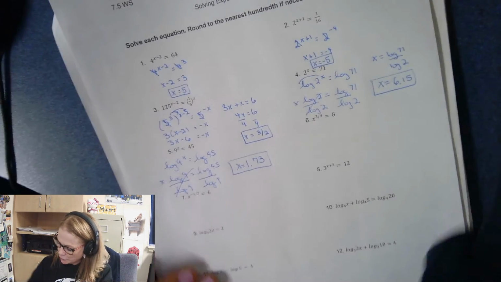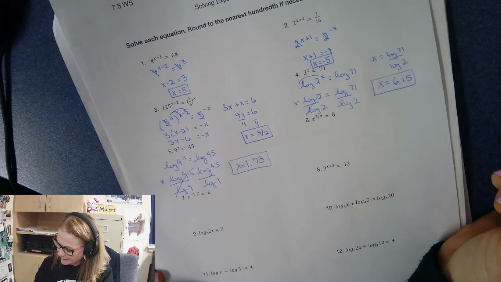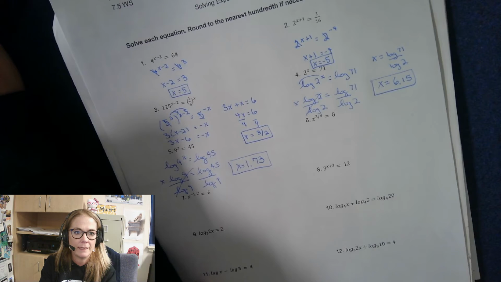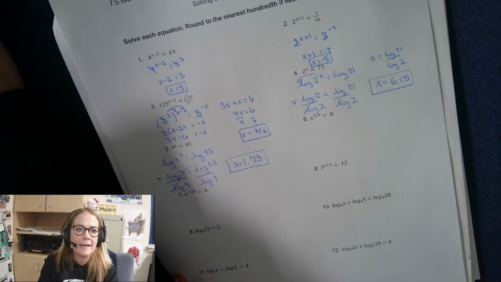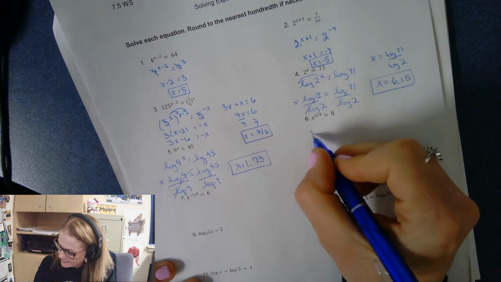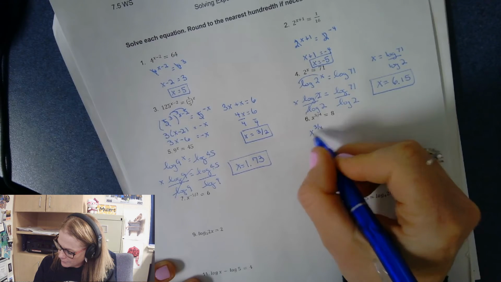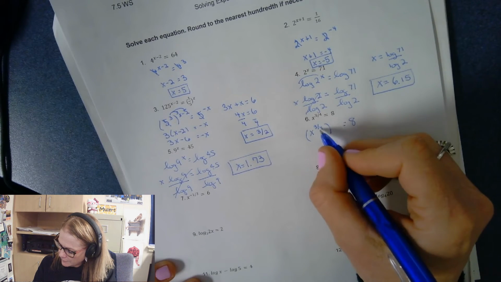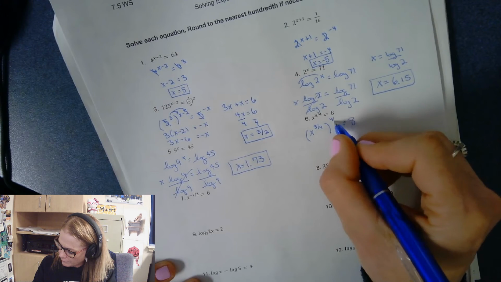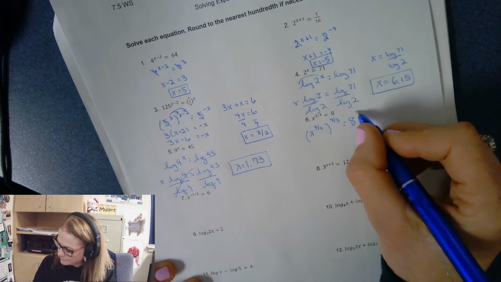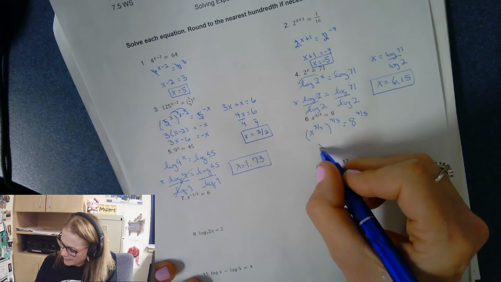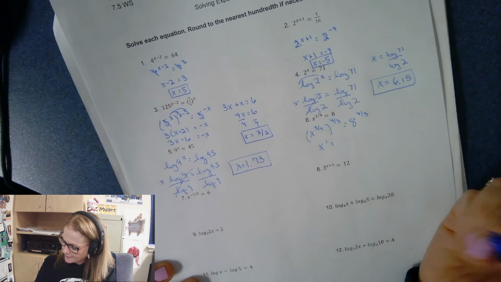All right, number 6, try a new technique, a different technique. So think a little bit, maybe look at your notes and try to figure out what you could do to solve this problem. I'll give you a couple minutes and come back. All right, so hopefully you thought to yourself, I need to knock out this 3/4 with a 4 over 3. So 3/4 times 4/3 is just going to be x to the first. So that gets that done.